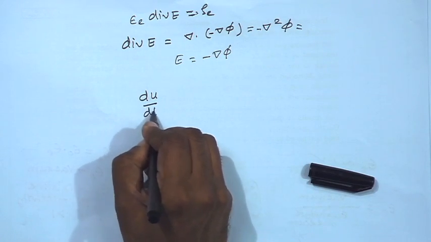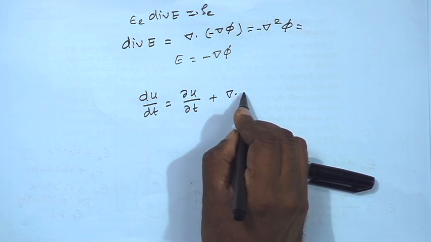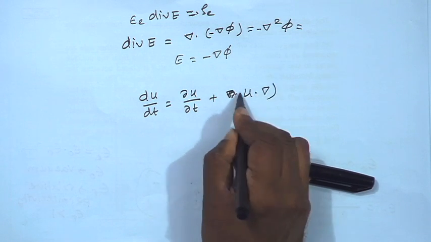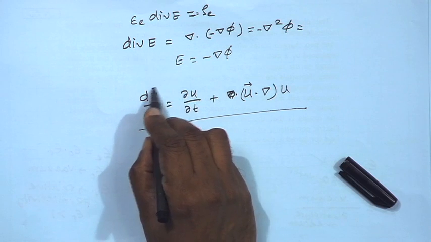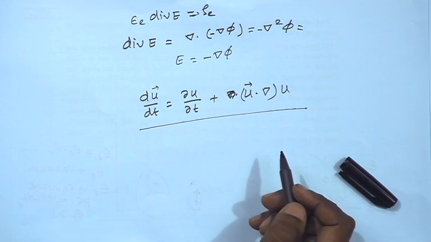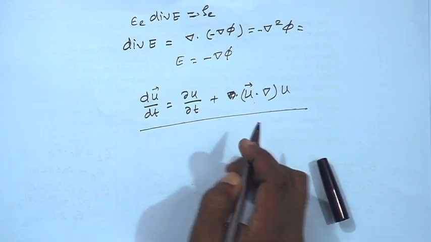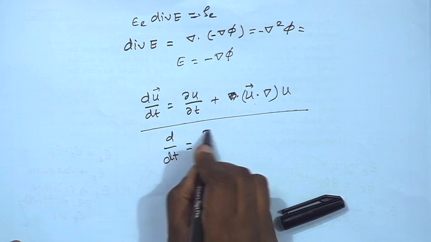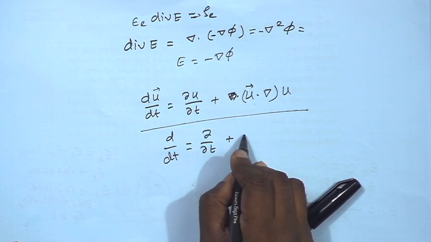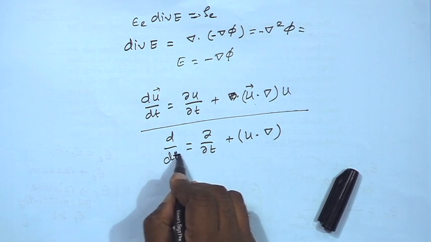So, Du/Dt in this case has the form, this is the way we define it, u is a vector: del u by del t plus u dot grad u. This is referred to as, or in operator form if I write, del by del t plus u dot grad. So, this gives the operator form.